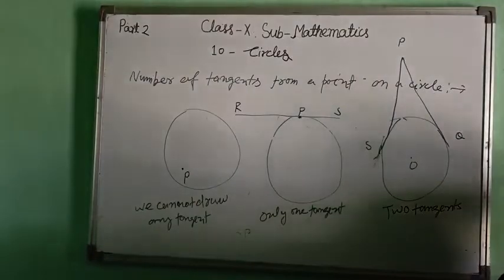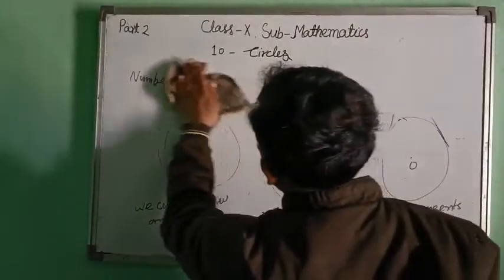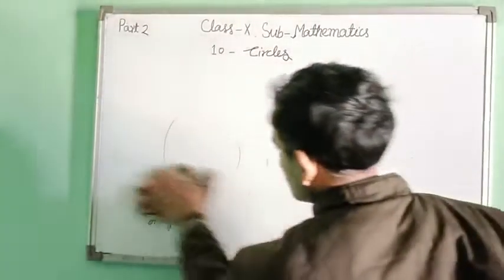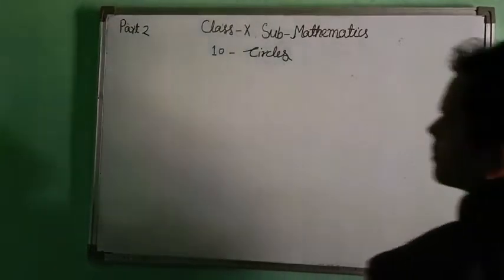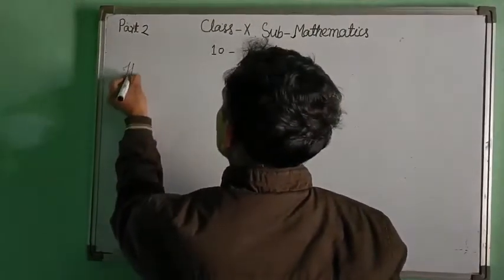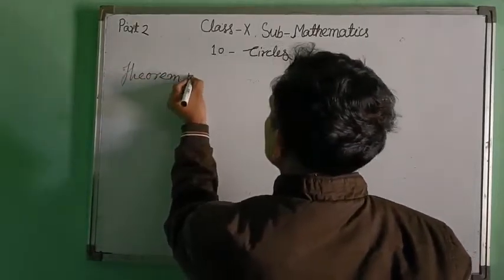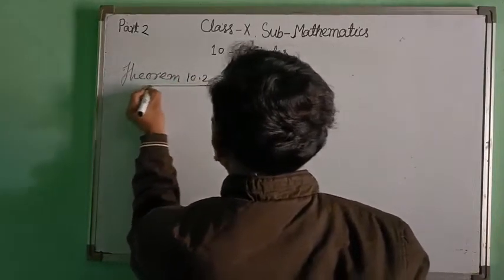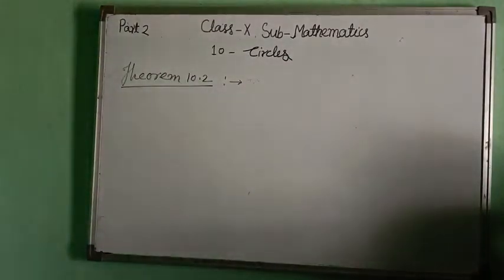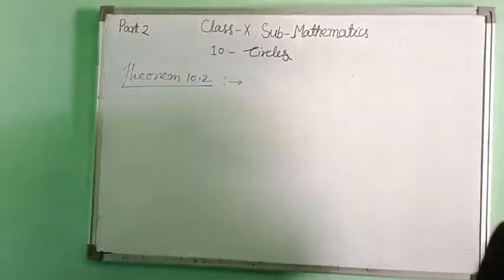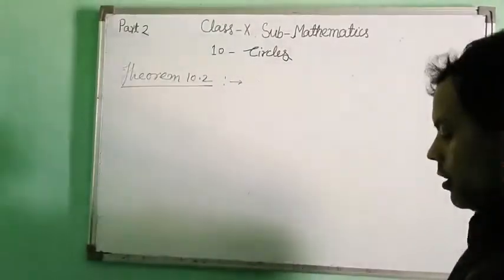Now move on to theorem 10.2. Theorem 10.2: the lengths of tangents drawn from an external point to a circle are equal.